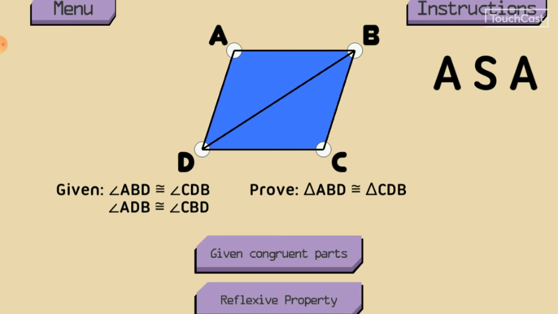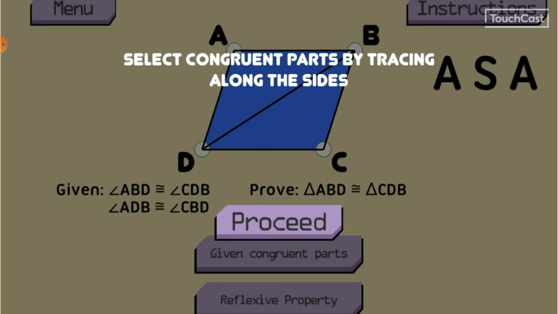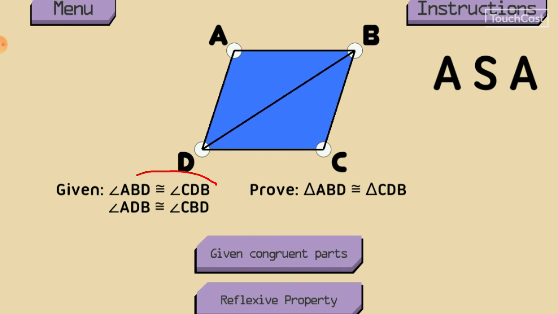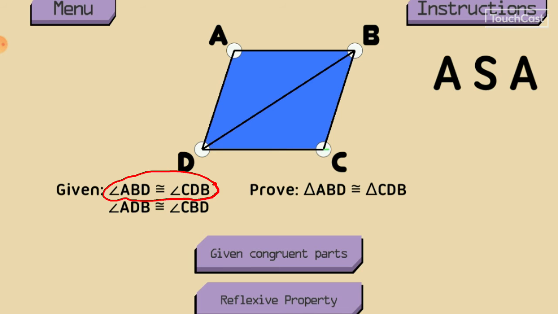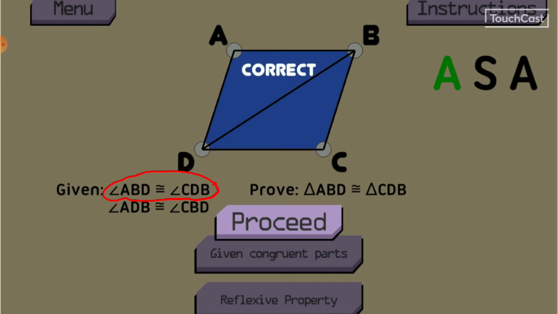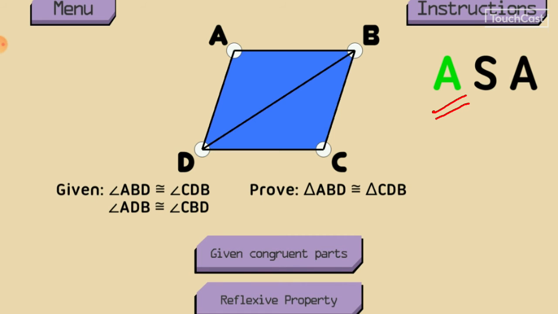So let's select given congruent parts. We are now going to select a pair of congruent angles. From the given, that would be ABD, and the next is CDB. So it's correct. Now we can proceed to the side.